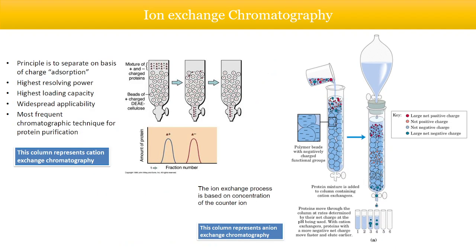In ion exchange, the principle is to separate on the basis of charge adsorption. It has the highest resolving power, highest loading capacity, and widespread applicability. It is the most frequent chromatographic technique for protein purification.